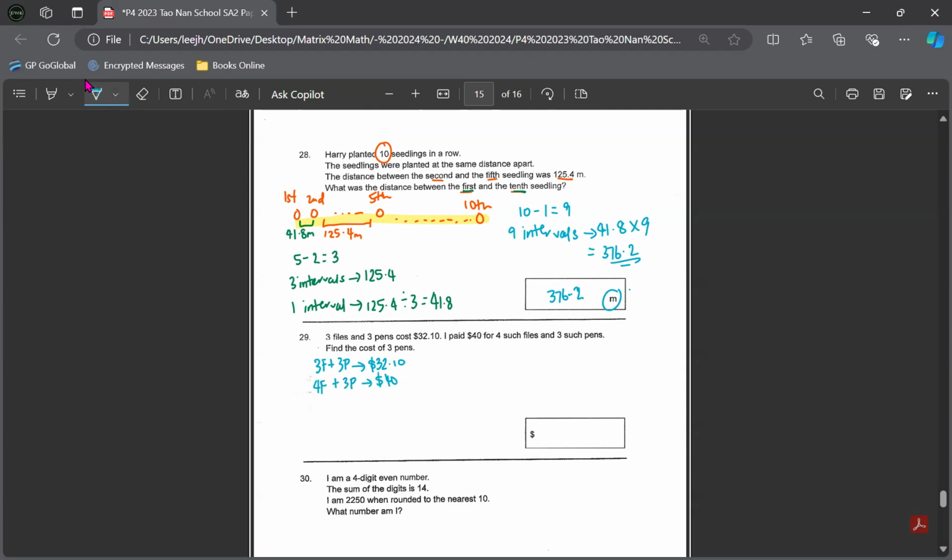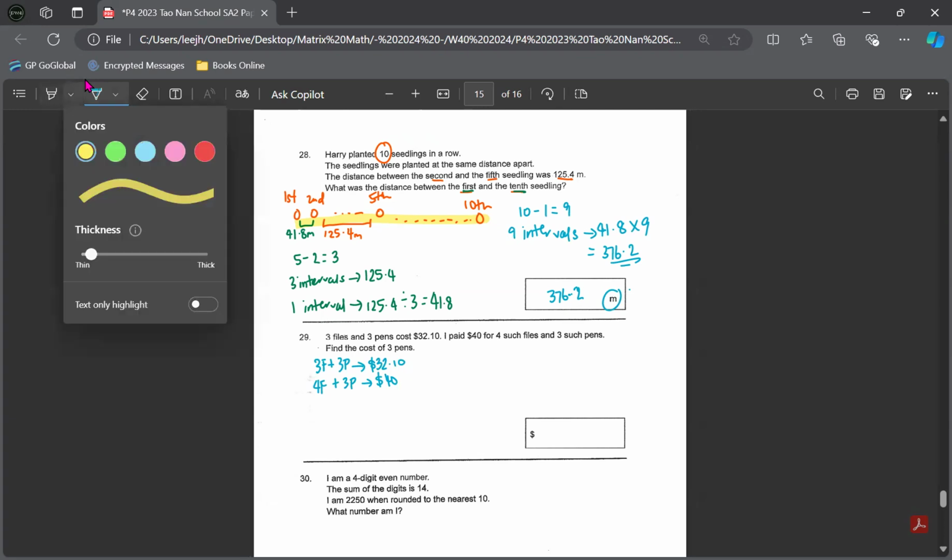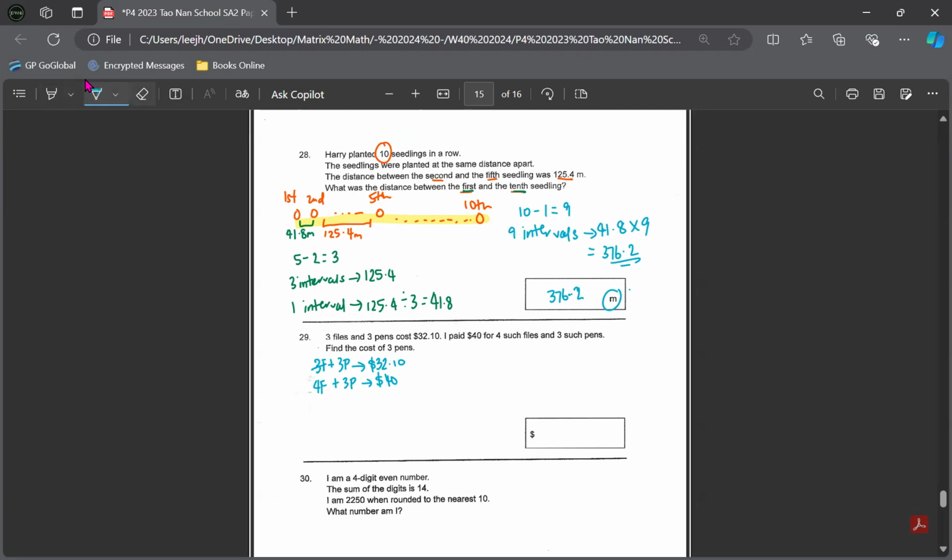So if you look at these two groups, you can see the difference is in the files. Okay, wait, let me write again. Okay, so this is the difference. There's a difference of 1 file. So how to find the cost of 1 file? You minus, right? So you minus the cost as well.